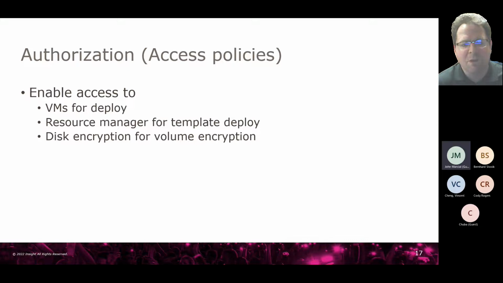And of course, Resource Manager for template deployment, so you can access things like passwords to other resources as you're deploying your resources. This is most commonly used in a DevOps type scenario, where you're deploying an application as part of, say, a CI/CD pipeline.